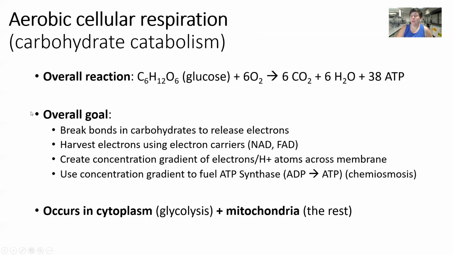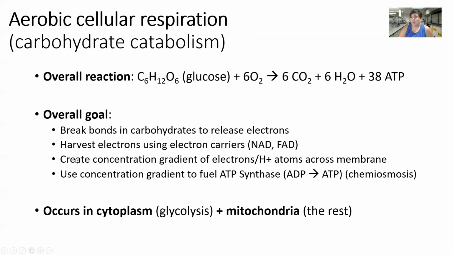The overall goal of cellular respiration is to break bonds in carbohydrates to release electrons. So basically oxidize your carbohydrate. You want to harvest those electrons with our electron carriers. In the case of cellular respiration, that's going to be NAD plus and FAD.